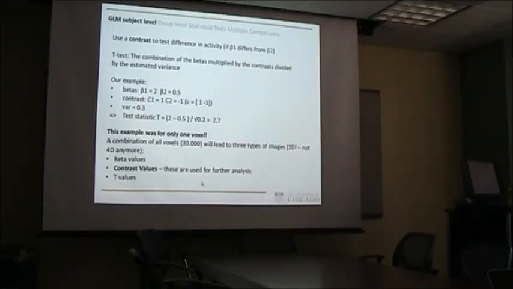These are the ones that you will use for further analysis, and actually not the t-statistics. The statistical reason is that in your t-statistics you're dividing by your variance, and at later group level analysis you want to incorporate variance across subjects, and therefore you use the contrast values. So we'll talk about that a little later.